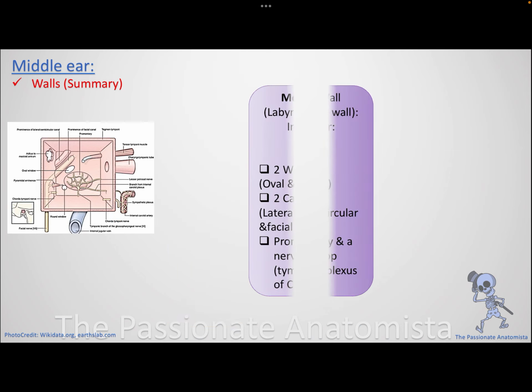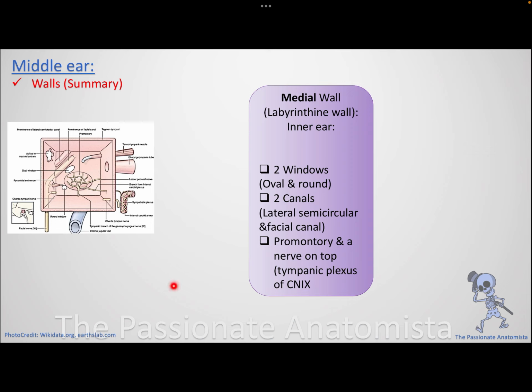All right. And the medial wall was related to the inner ear. So we have promontory of cochlea, and on top of that we have the tympanic plexus from the glossopharyngeal nerve, and it gets also innervation from the internal carotid plexus. And we had two canals and two windows, one for the facial canal, for the facial nerve, and one for the bulging of the lateral semicircular canal.